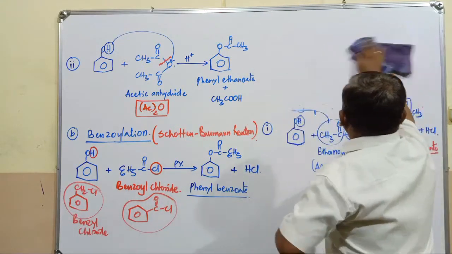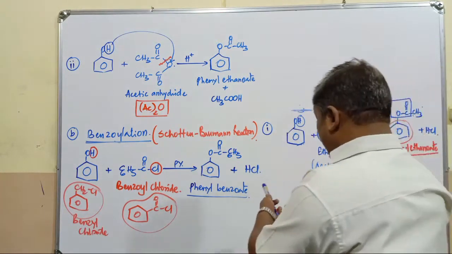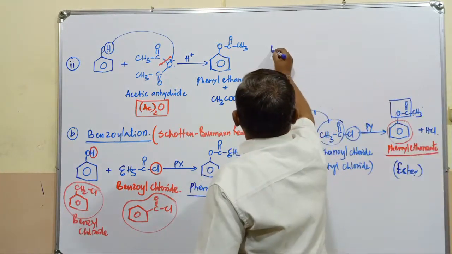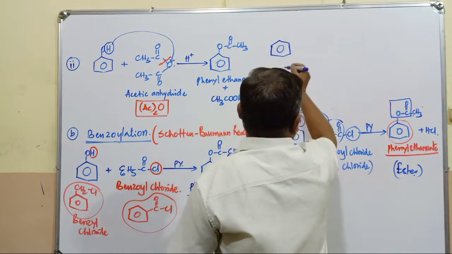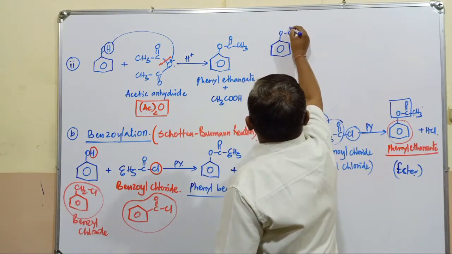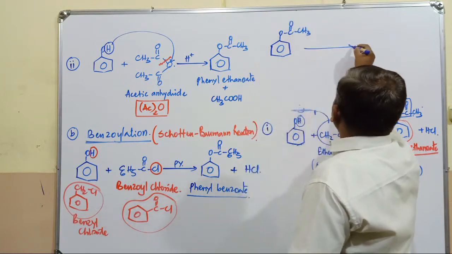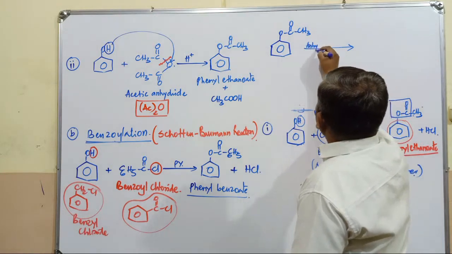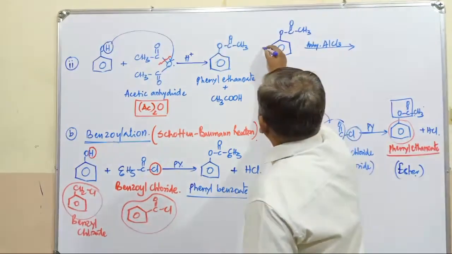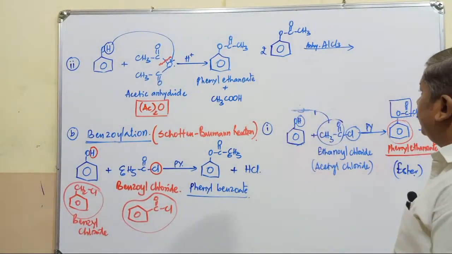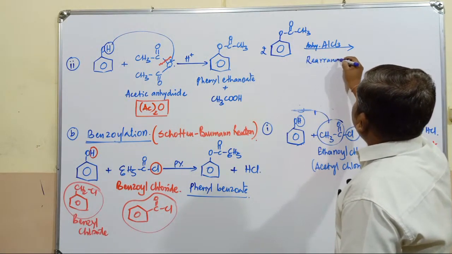Whatever amount of this compound is produced, that is phenyl acetate or phenyl ethanoate. Now here is the compound phenyl acetate or phenyl ethanoate. It is OC double bond OCH3, right? When this compound is treated with anhydrous aluminium chloride, 2 moles we will consider, it undergoes a rearrangement to form the stable product.